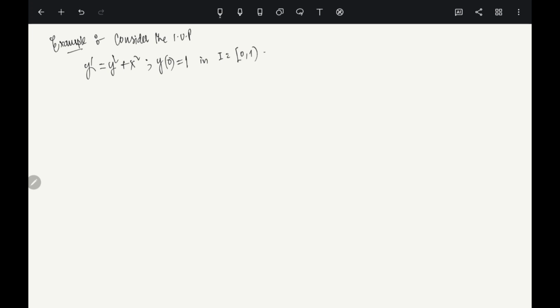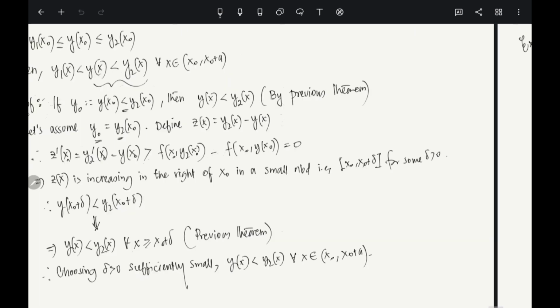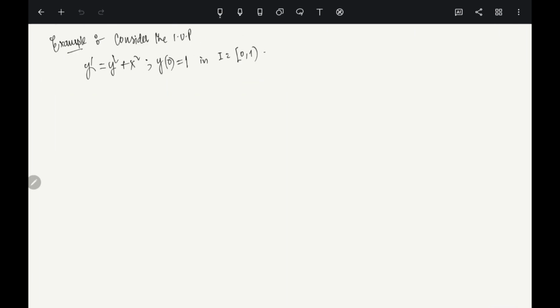Of course I can solve this, but without solving this equation, can we find a lower bound and an upper bound of a solution? You can actually get it using this theorem.